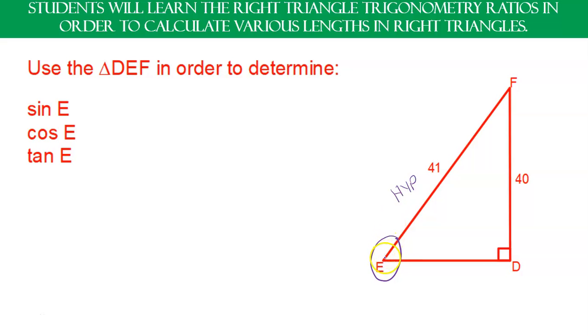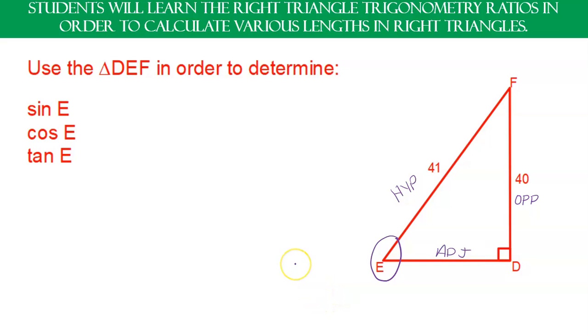The opposite side is the side that does not intersect the vertex E, so it doesn't have an E on it. So this would be our opposite side. And our adjacent side is the side that touches the angle and the right angle. So this would be our adjacent side.